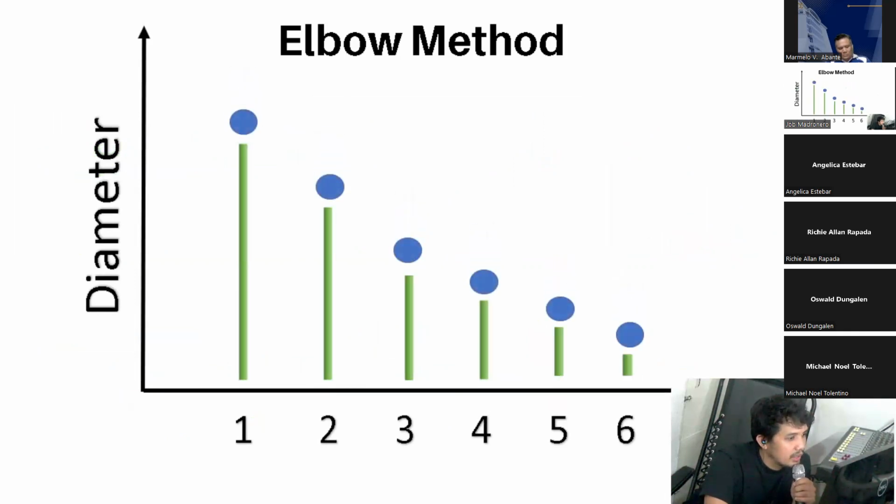As you notice, these are cluster 1, cluster 2, cluster 3, cluster 4, cluster 5, and so on. We just made a graph, and this is how it represents. And as you could see, that's why it's called the elbow method. We could see the best cluster by just seeing the corner of this graph. And as you could see, cluster 3 represents it best.